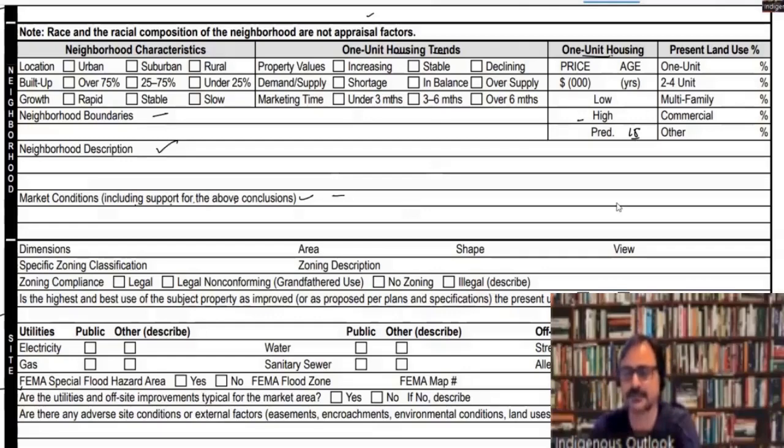Why will it be written in this way? This description and justification gives the lender a kind of confidence, because tomorrow we will be selling this file. If the property needs to be foreclosed, then we need to sell this property to someone.